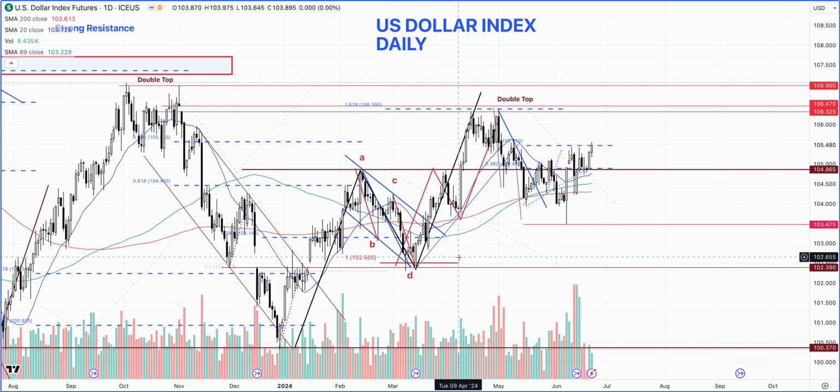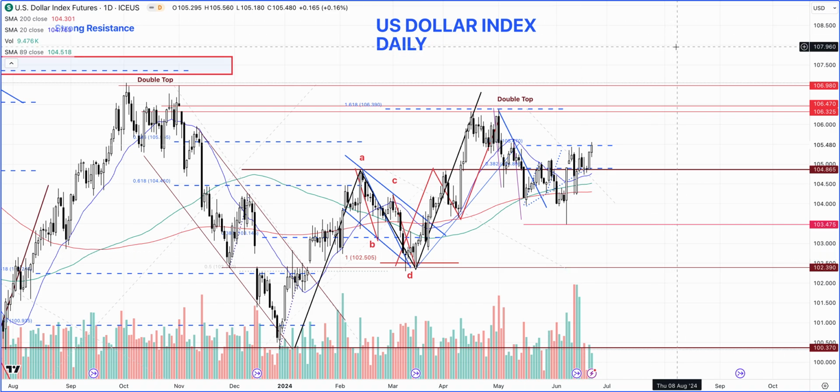It looks like on the weekly chart, and we'll have a look over the weekend, we are in a leg higher, where we could actually see the dollar move, off the top of my head, around 109, 110. So this is what it looks like. The dollar seems to be moving higher.